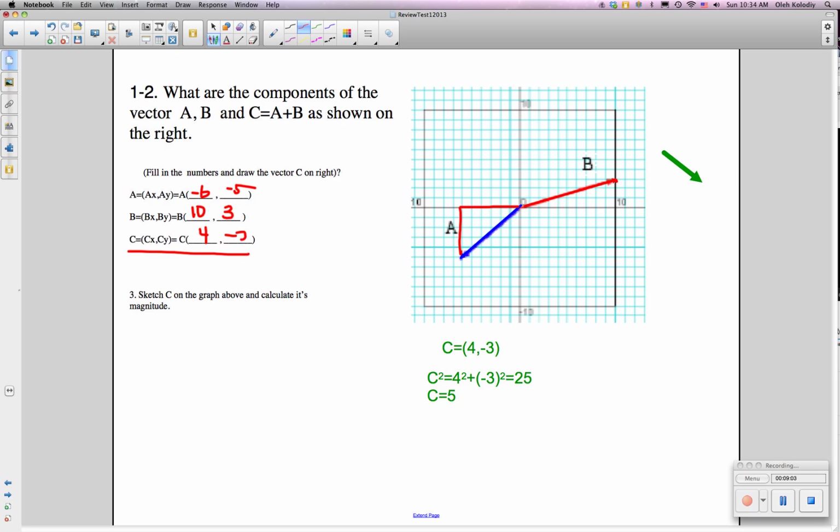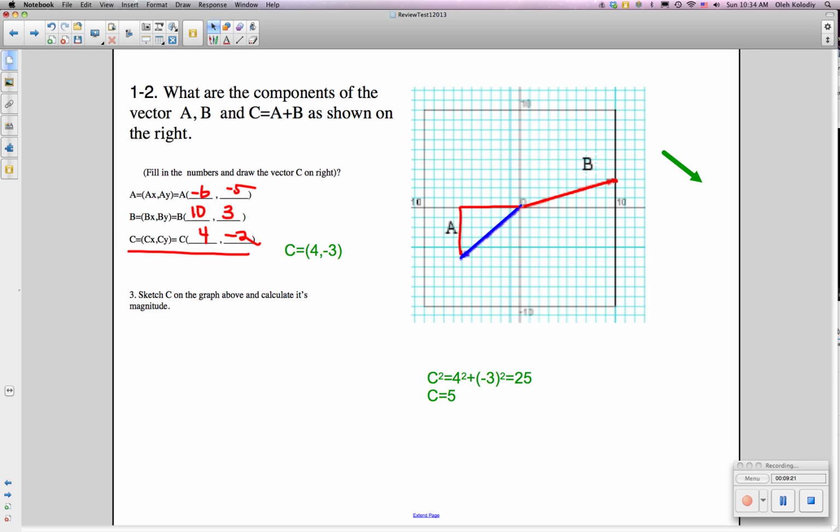Minus 2, minus 3, I'm sorry, depending on how well you read it. I happen to have read it as 4 minus 3 instead of 4 minus 2.